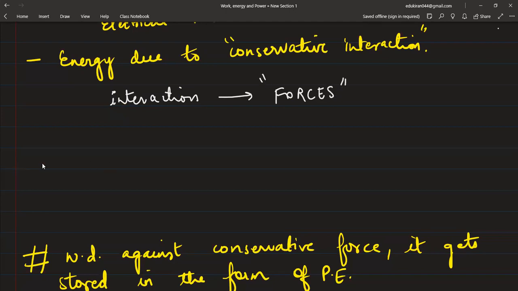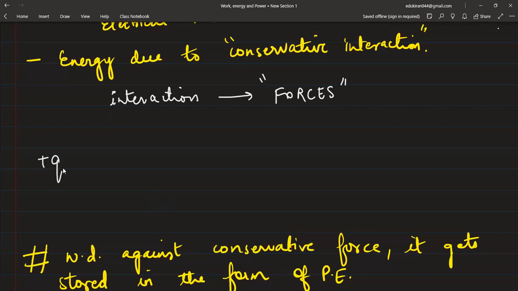So if two objects are arranged in such a manner that they are able to exert forces on each other, we say they are able to interact with each other. Means nothing is coming in between them, so they are in the vicinity of each other. It can be considered as a conservative interaction.